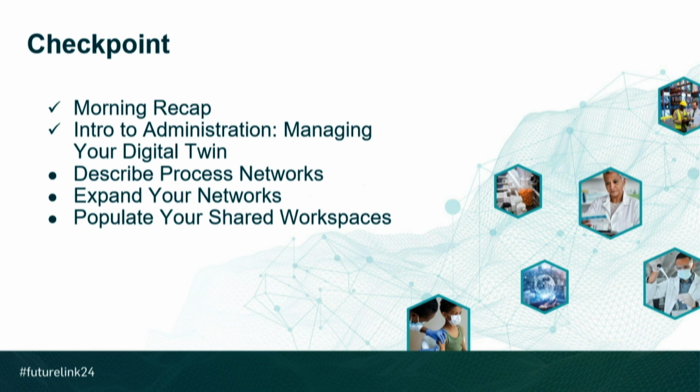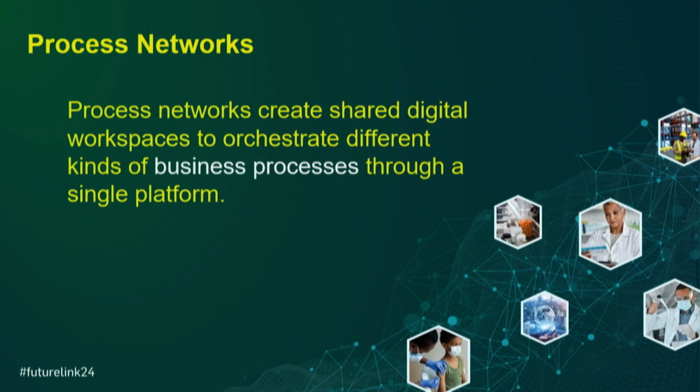So we're going to start with the process networks. Just to summarize again, process networks create the shared digital workspaces to orchestrate different kinds of business processes through a single platform. So we're going to look into a little bit about what we mean by orchestrating those different business processes now.